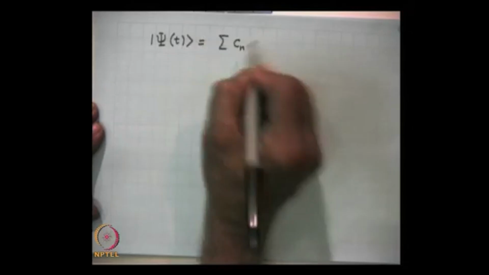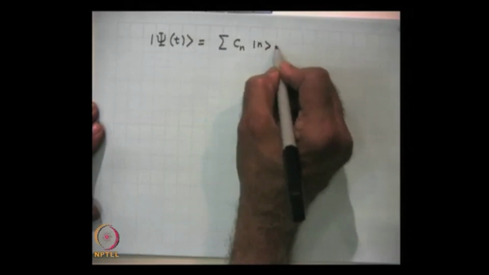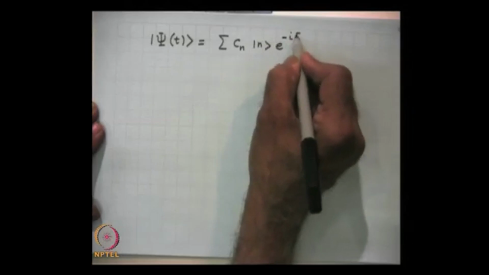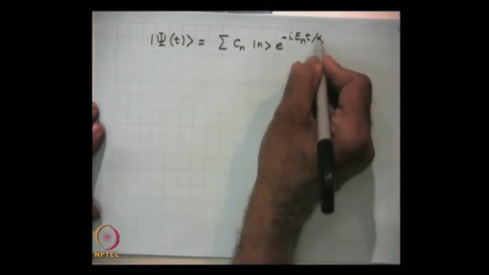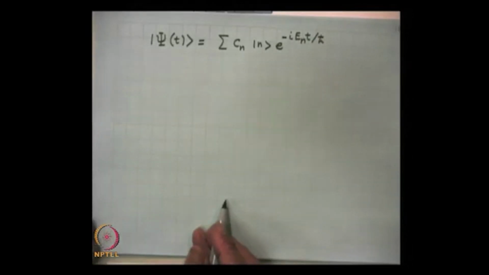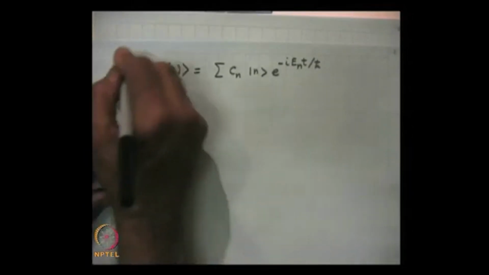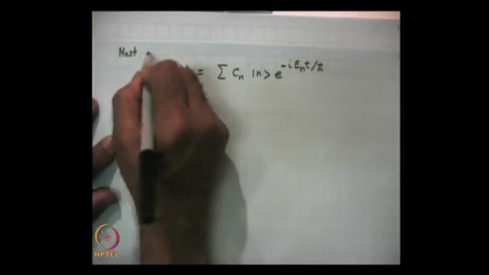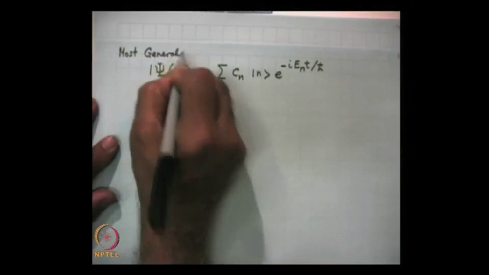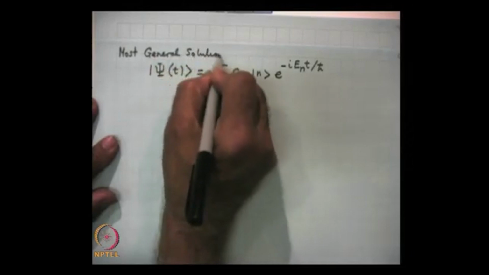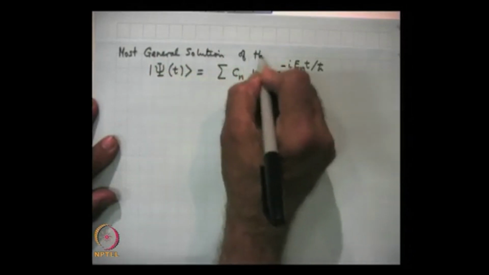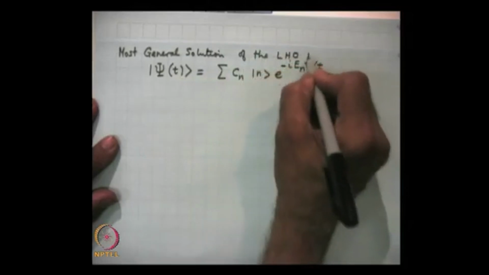Therefore, psi of t will be equal to summation C n ket n e to the power of minus E n t by h cross, just as we did while solving the Schrodinger equation. This is the most general solution of the linear harmonic oscillator problem.